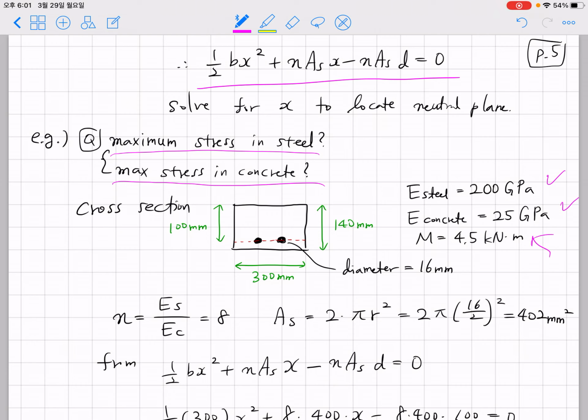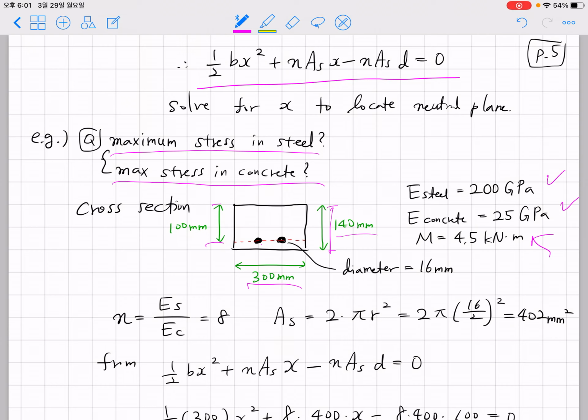The distance from the top to the steel rod is 100 millimeter. The entire height is 140 millimeter, which is not necessary information as I told you.